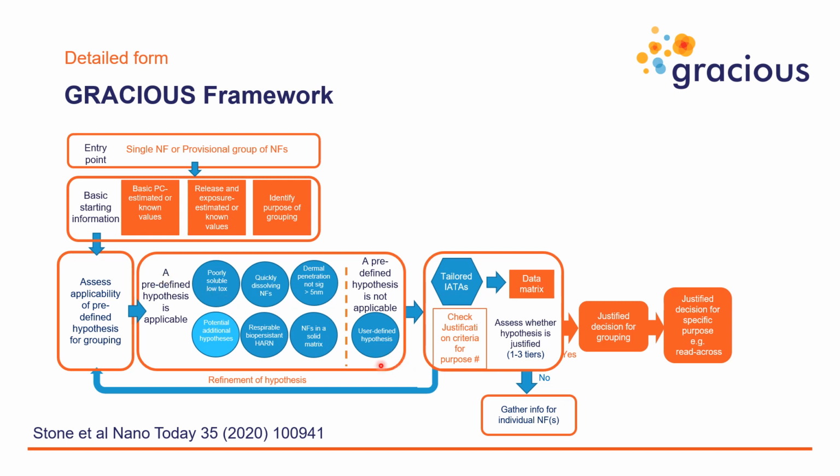And we also have a template to allow the user to make their own hypothesis. The hypothesis is then tested by a tailored IATA, an integrated approach to testing and assessment, that allows the user to complete a data matrix that includes all of the data for all of the materials identified, so that the grouping hypothesis can either be accepted, refined, or rejected.